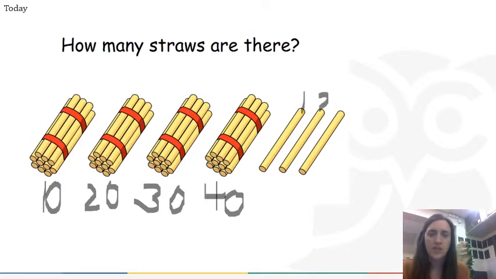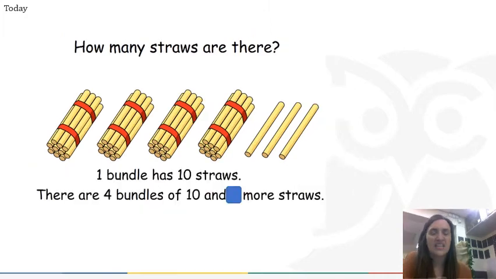1, 2, 3. So one bundle has 10 straws. There are 4 bundles of 10. And how many more straws? 3 more straws.